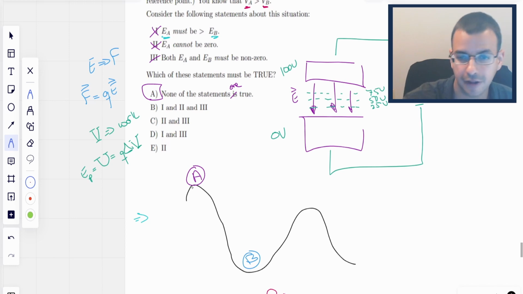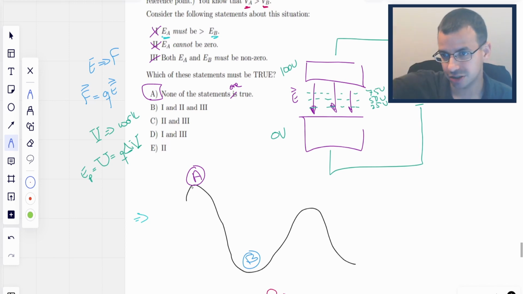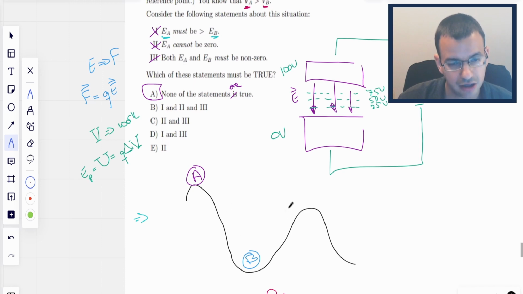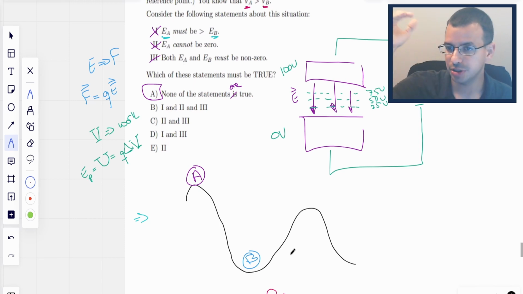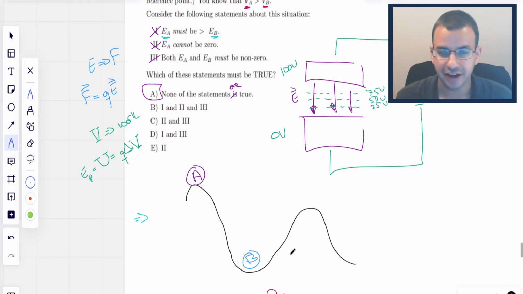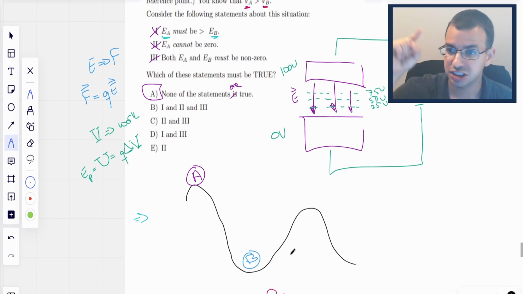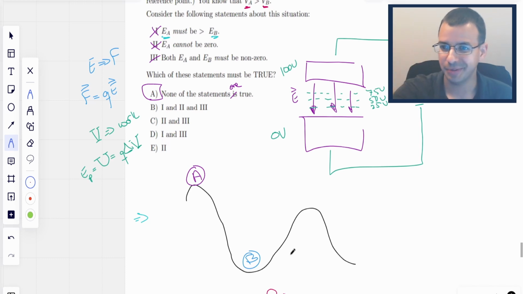Two analogies: the parallel plate capacitor, which is good for electric field lines and equal potential lines, and then the hill analogy, which is really useful for looking at the relationship between electric fields and potential. Potential is related to work or potential energy, and electric fields are related to force. In this case, it is the slope of the hill. Hope that helped. See you next time.